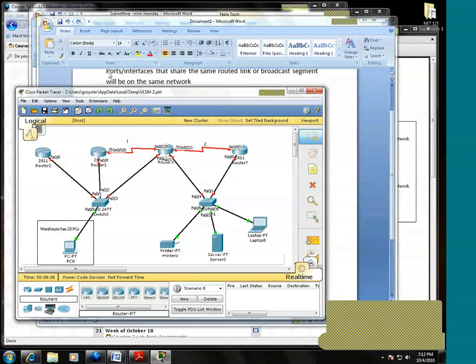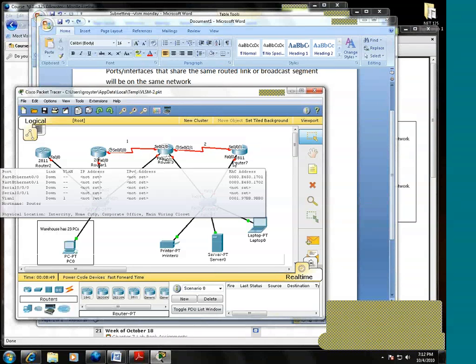Okay, recall this statement: interfaces that share the same broadcast segment. Let me ask you this. If I were to go into this router and send a ping down this interface, where would that ping go? We're assuming that the ping is a broadcast.